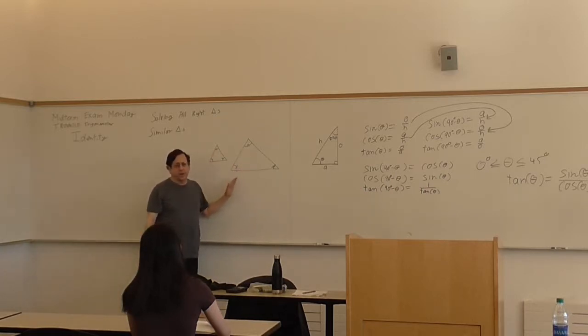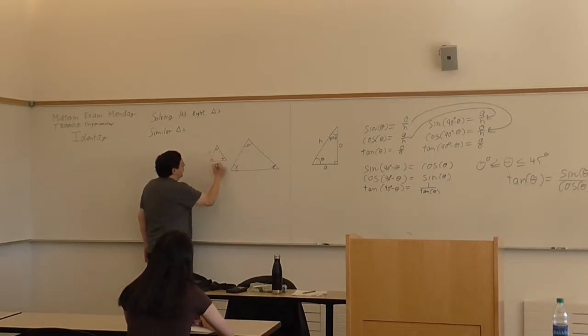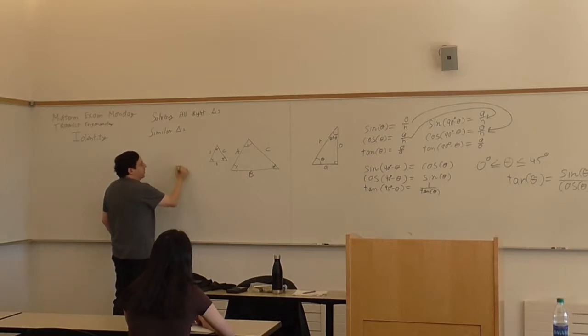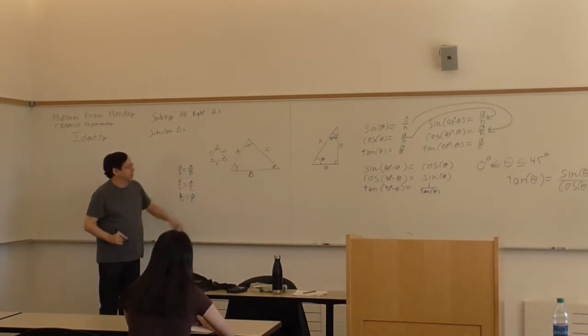Their sides are not necessarily the same, but we do know something about their sides, which is that they're in the same proportion. So if I had sides a, b, and c, and sides capital A, capital B, capital C, we know that a over b would be equal to capital A over capital B, a over c would be capital A over capital C, and b over c would be capital B over capital C. There are a few more relationships there.